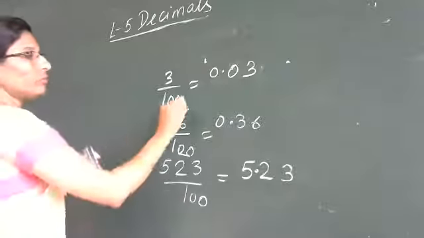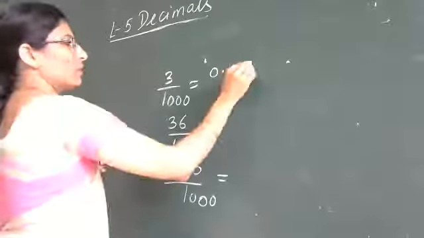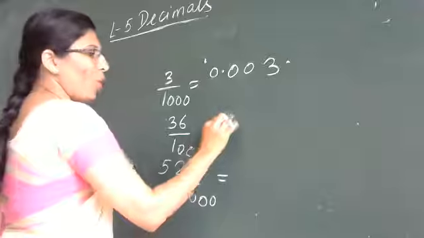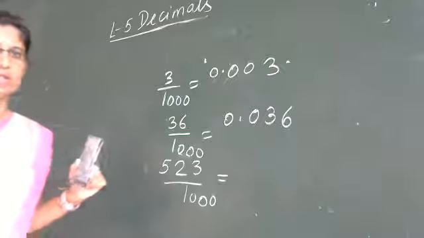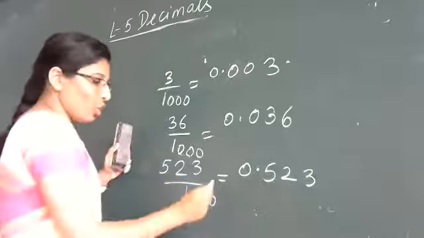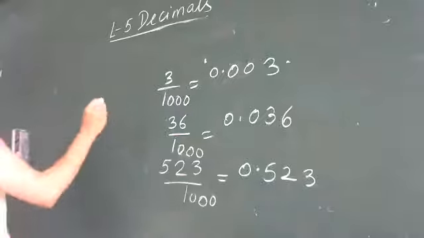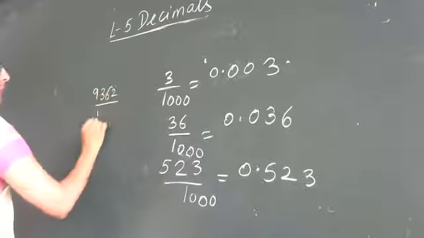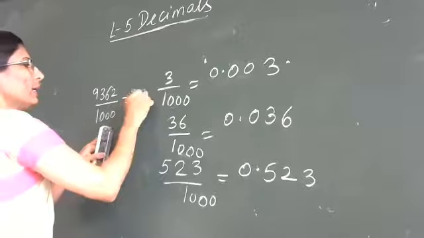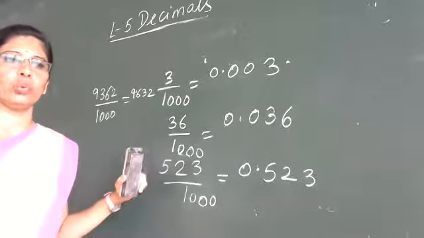If it is 1000, take 9632 divided by 1000. 1000 is there means 3 zeros, 1, 2, 3. So 9.632.